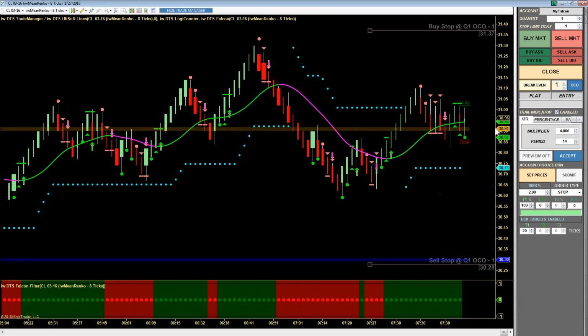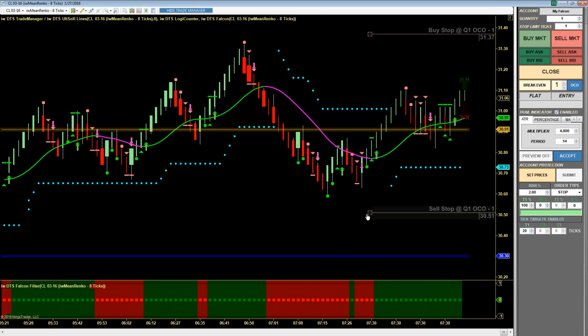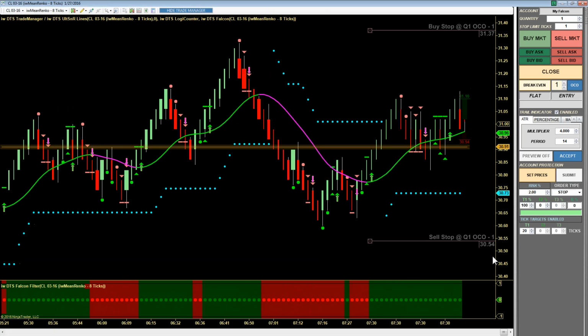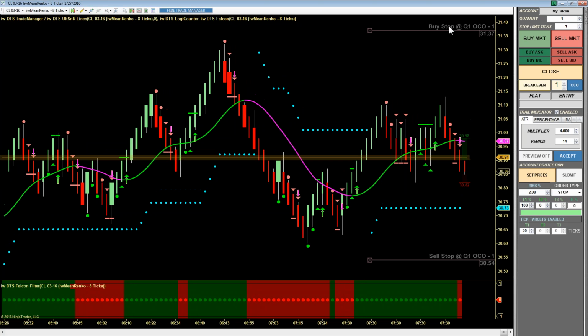Now the range has gotten a little bit tighter. So if you wanted, you could roll your entry stop below here. Now that we know the bottom end of this immediate trading range, as they get back down here, I can start to roll my buy stop in.